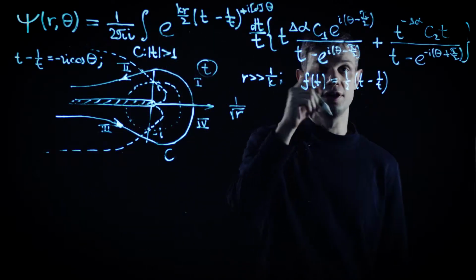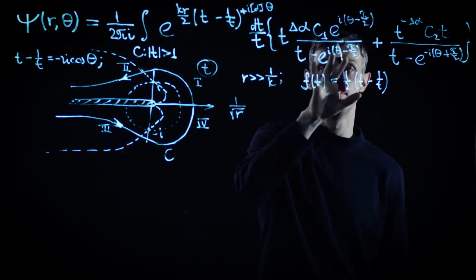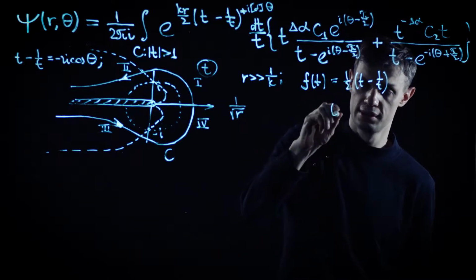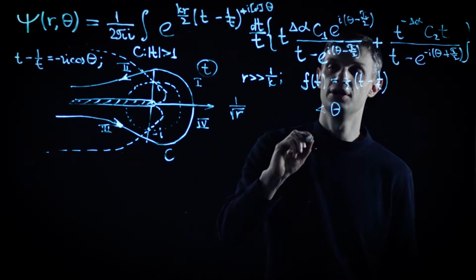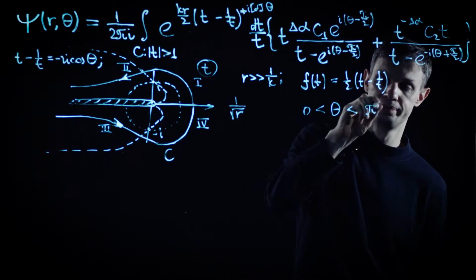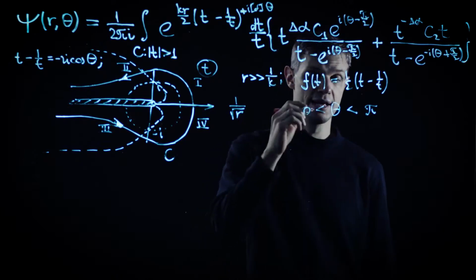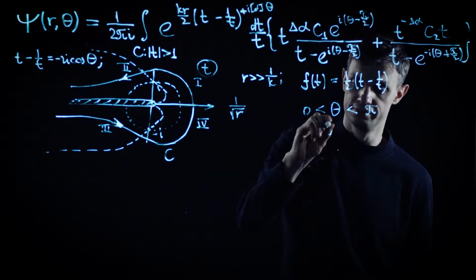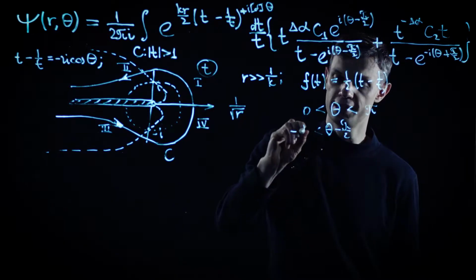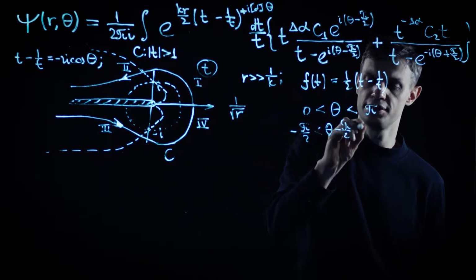So let's actually figure out the approximate position of the poles themselves. So suppose angle theta belongs to the range from 0 to pi. That means that theta minus pi by 2 belongs to the segment from minus pi by 2 to pi by 2.